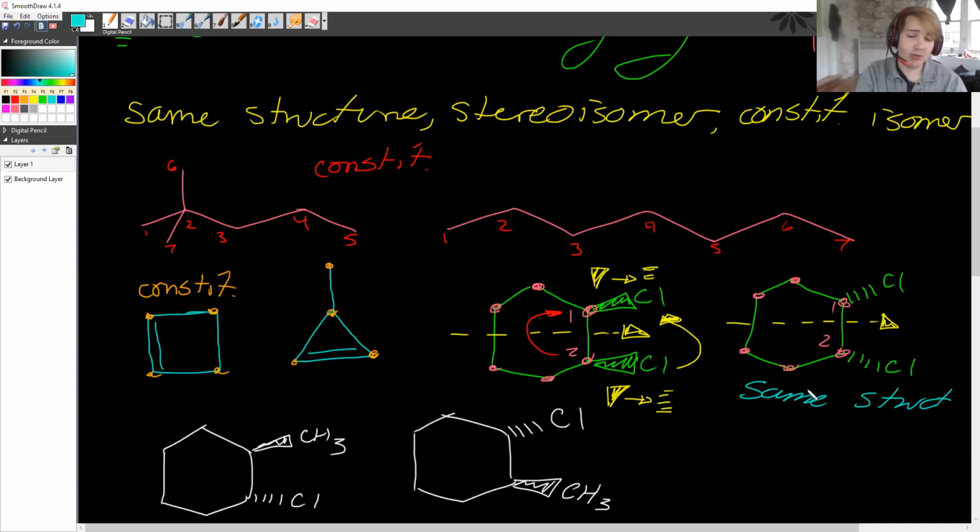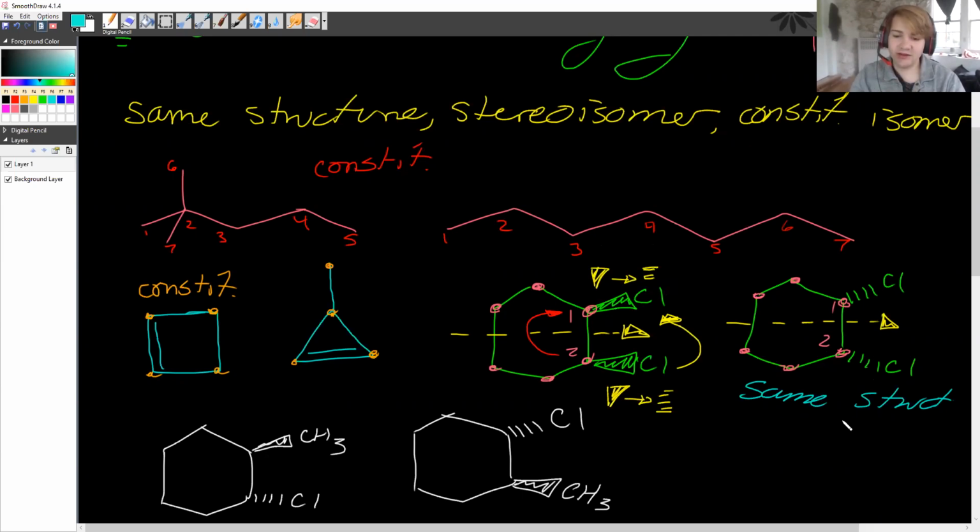I'm not picking bonds off and placing them somewhere else. I'm not changing the wedging and dashing, forcing this now to be hashed. All I'm doing is flipping it. And the process of flipping creates the mirror and creates the opposite effect, which is why we went from wedge to dash. But I didn't have to change the molecule. The molecule already existed in that capacity.